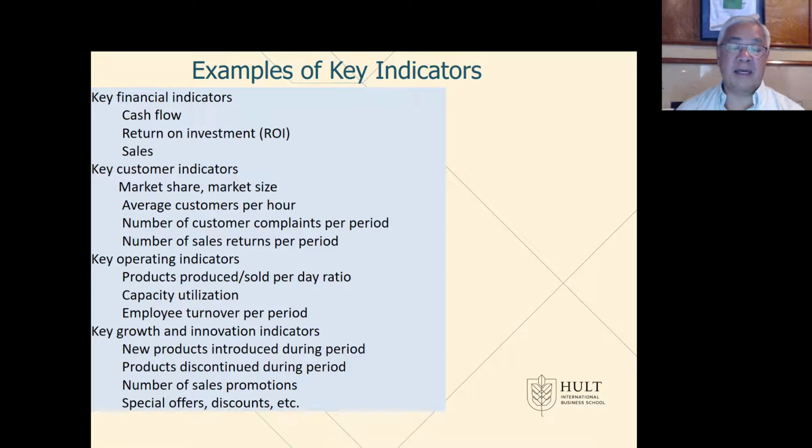Operating could be things like products produced versus sold, to look at our efficiency to turn inventory into money. And then utilization of capacity. Did we build too big a factory, or did we build too small a factory? We want to measure utilization to track where we are in fully utilizing our productive capacity.